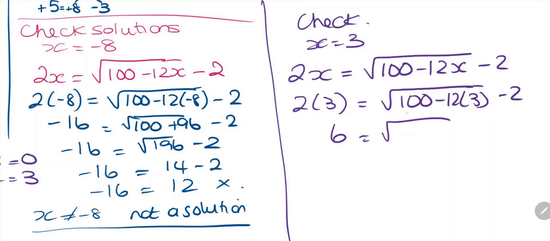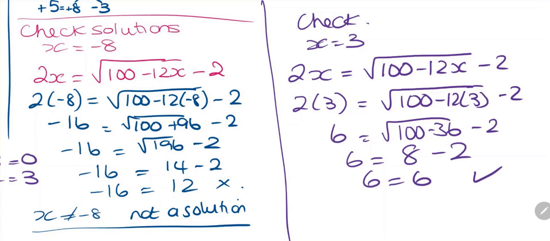So with the root of 100 minus 36 minus 2, that is going to be 64, and the root of that will be 8, and 8 minus 2, so 6 equals 6, and that's correct. So we know that x equals 3 is a solution.